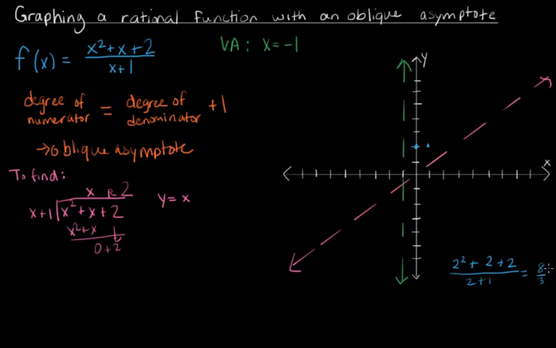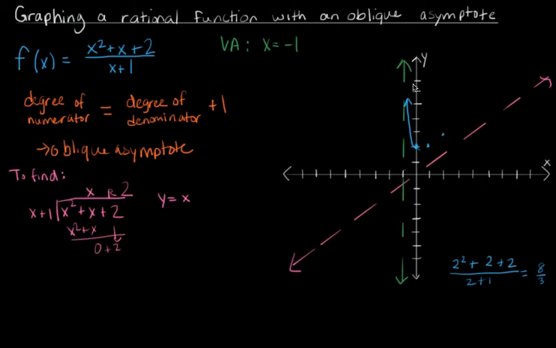So 8 over 3 is not quite 3. So it's something like this. Somewhere around there. And if you plotted a half, it would be somewhere up here because we're going to be going closer and closer toward that vertical asymptote. And then we're coming down and we're getting closer and closer to this asymptote as well.